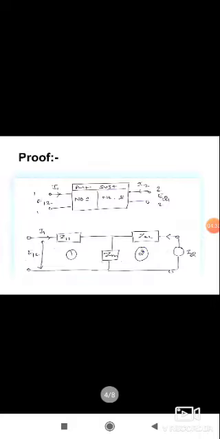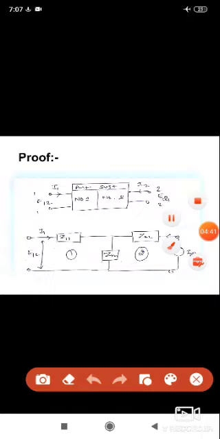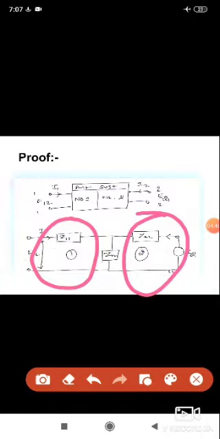You can see the other parameters, that is voltage and current, and here this is our port 1 and this is our port 2. Now very simply we apply KVL in mesh 1 and mesh 2.